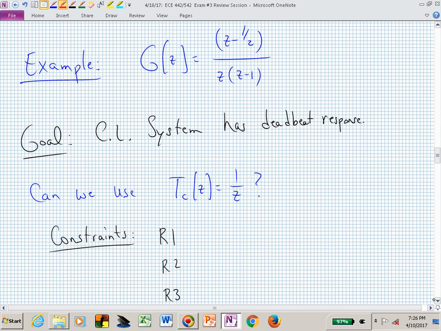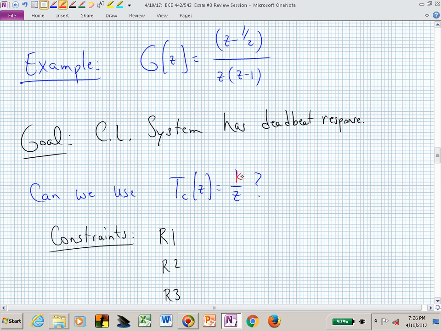In this particular case, can we use T sub c of z equal to 1 over z? Does that make sense? Or does that seem reasonable? Or what's another possibility?